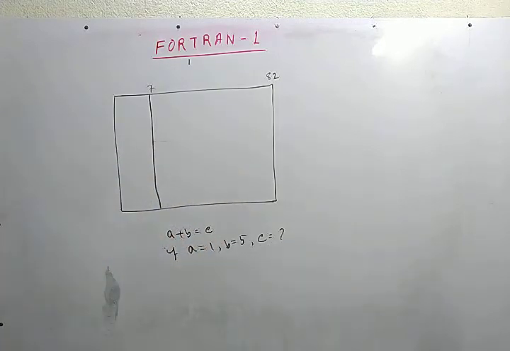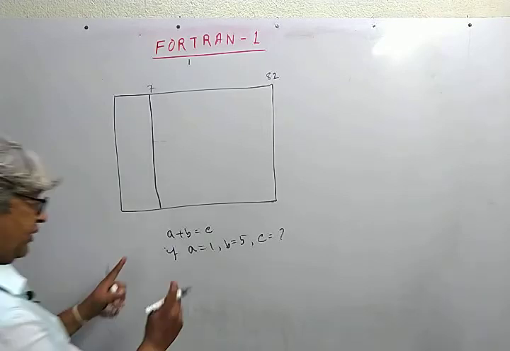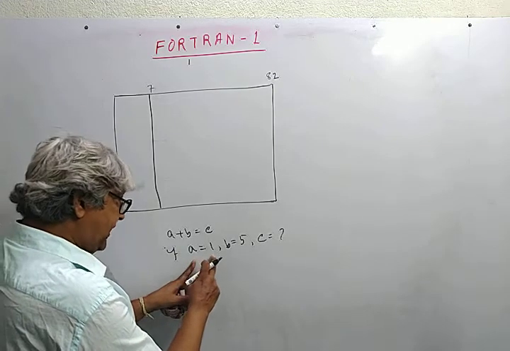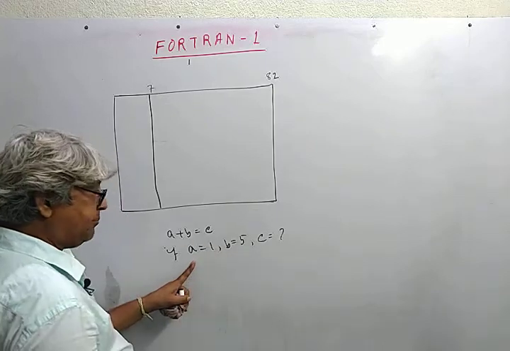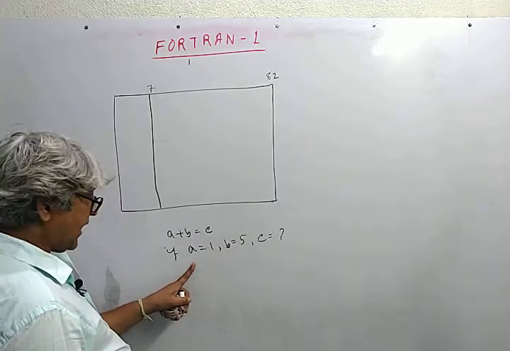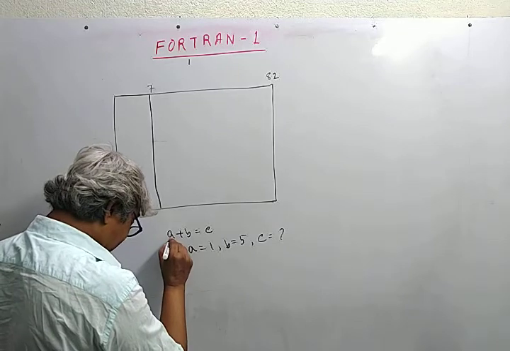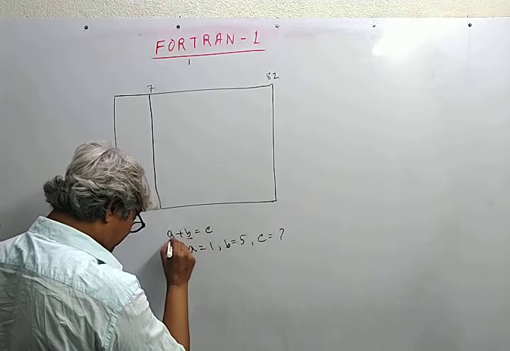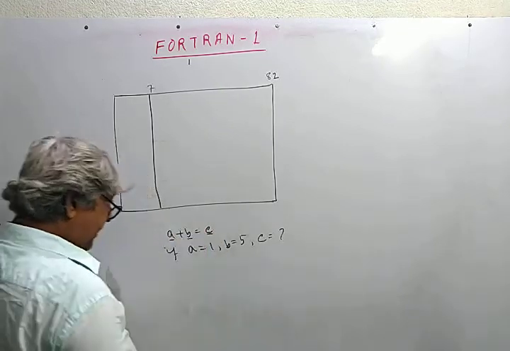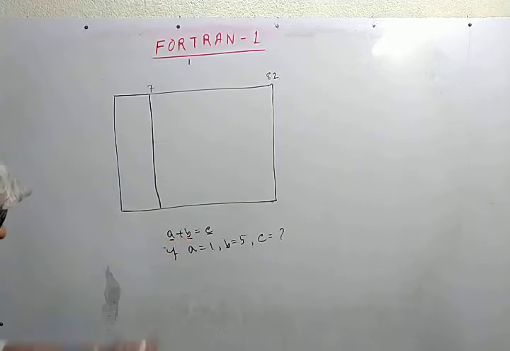So first thing is that if we like to change the value of a and b from outside, then we first assign Fortran variables a, b, and c.